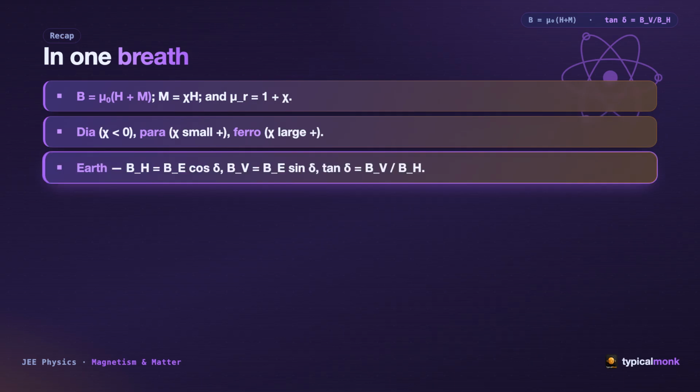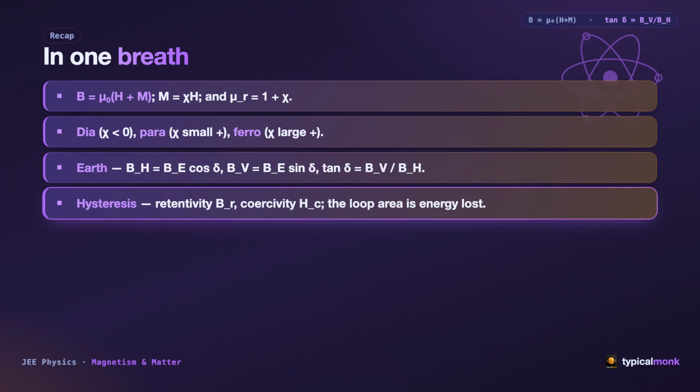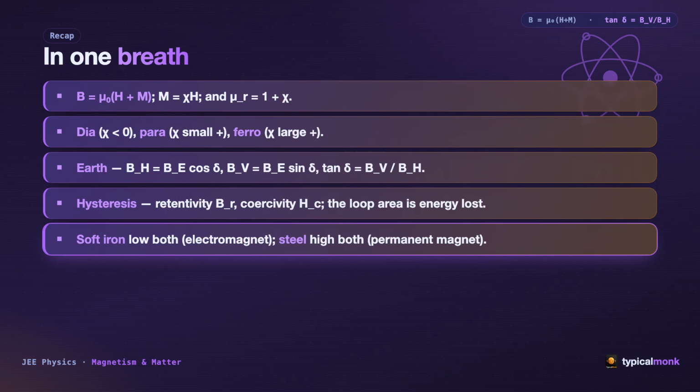Earth's B horizontal equals B Earth cosine delta, B vertical equals B Earth sine delta, and tan delta equals B vertical over B horizontal. Hysteresis: retentivity BR, coercivity HC, and the loop area is the energy lost per cycle. Soft iron, low in both, for an electromagnet. Steel, high in both, for a permanent magnet.